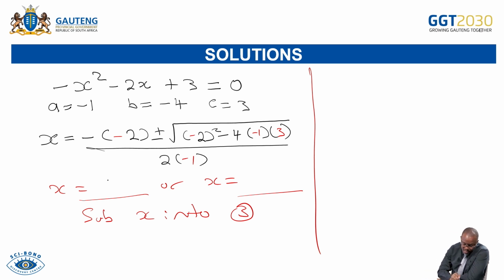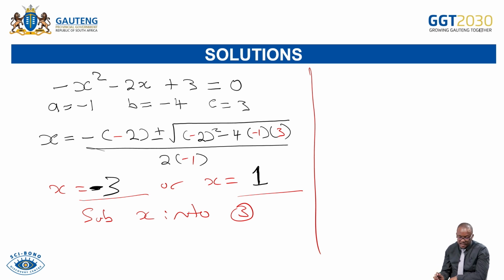So it's going to be 3. Then when we check the other one, it's going to be 1. It's 1 and -3.